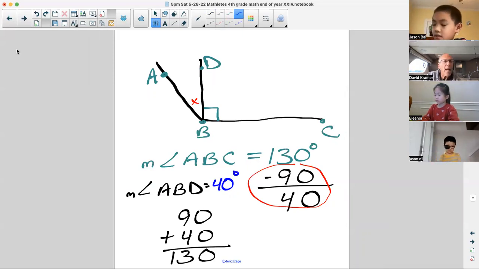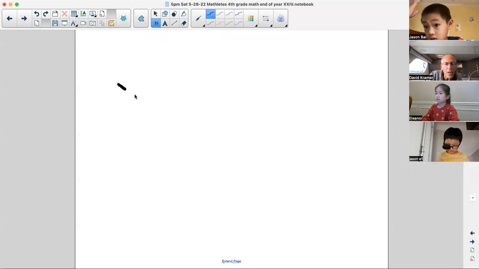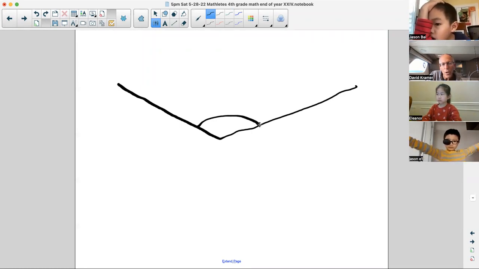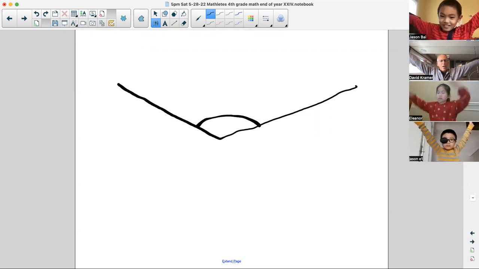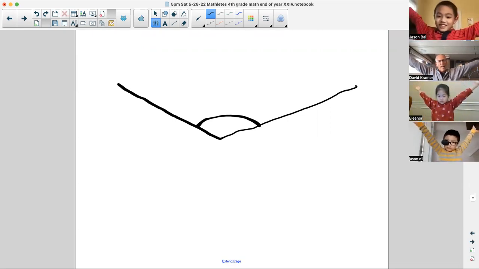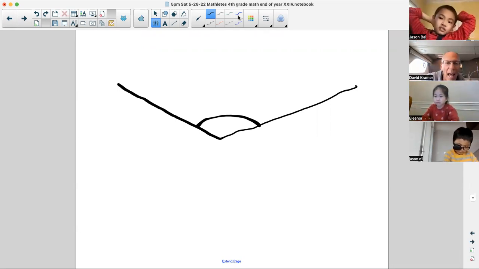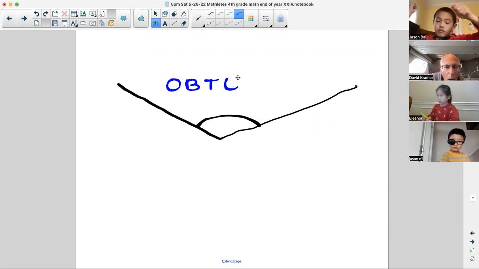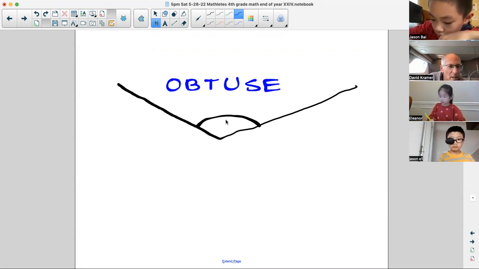So now, getting back to what this angle is called. Everybody make your arms look like that angle. Now write down an angle just like that on your paper and write the word obtuse.